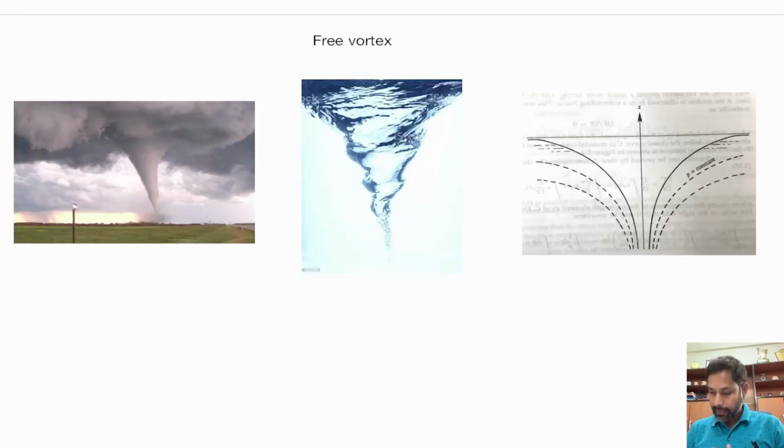What exactly happens in this case is there is a concentrated circulation. In the case of the forced vortex, we apply a rate of rotation and angular motion ourselves, and that converts into vorticity, and that vorticity makes a circulation.